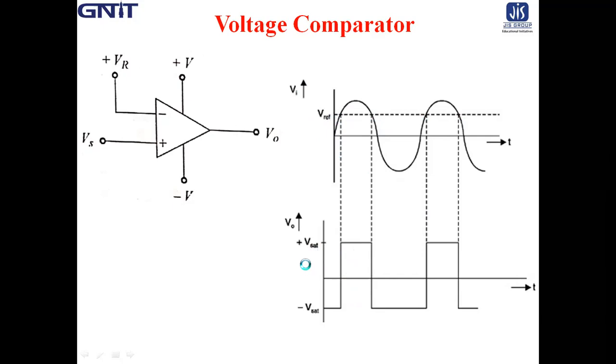So V0 remains constant at plus Vsat as long as Vs is greater than the reference voltage. Now the comparator output switches to minus Vsat when Vs drops below Vr. See here at these two points, Vs drops below the reference voltage. Now the comparator switches to minus Vsat.